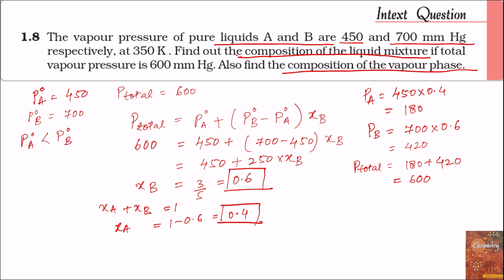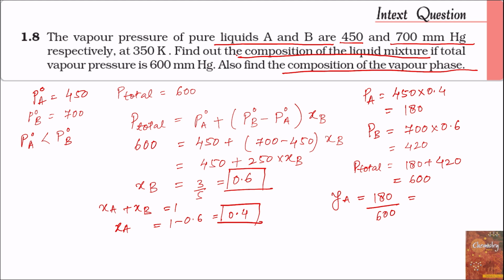So mole fraction of A in the vapor phase is equal to partial pressure of A, that is 180, divided by total pressure, which is equal to 600.